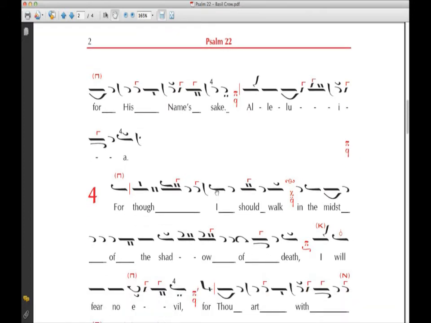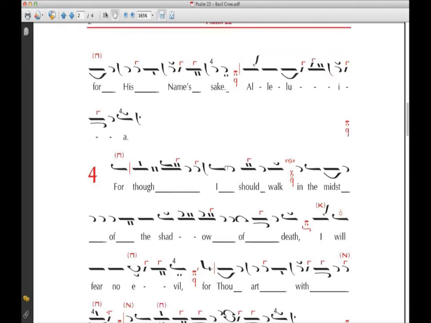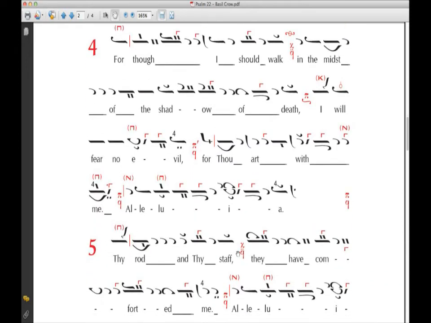Hallelujah. For though I should walk in the midst of the shadow of death, I will fear no evil, for thou art with me.